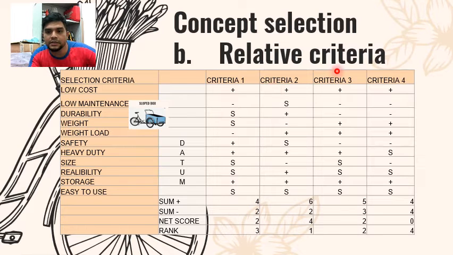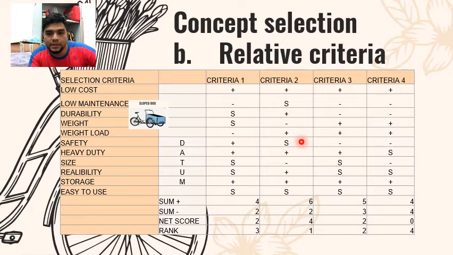Next is criteria 3. For the better than datum, it is low cost, weight load, heavy duty, and storage. For low maintenance, durability, and safety, it is lower than datum.